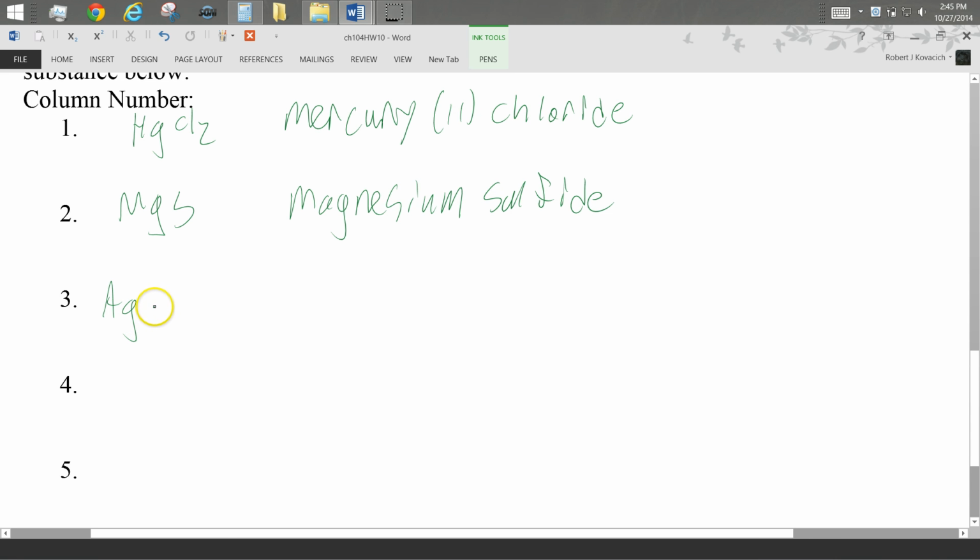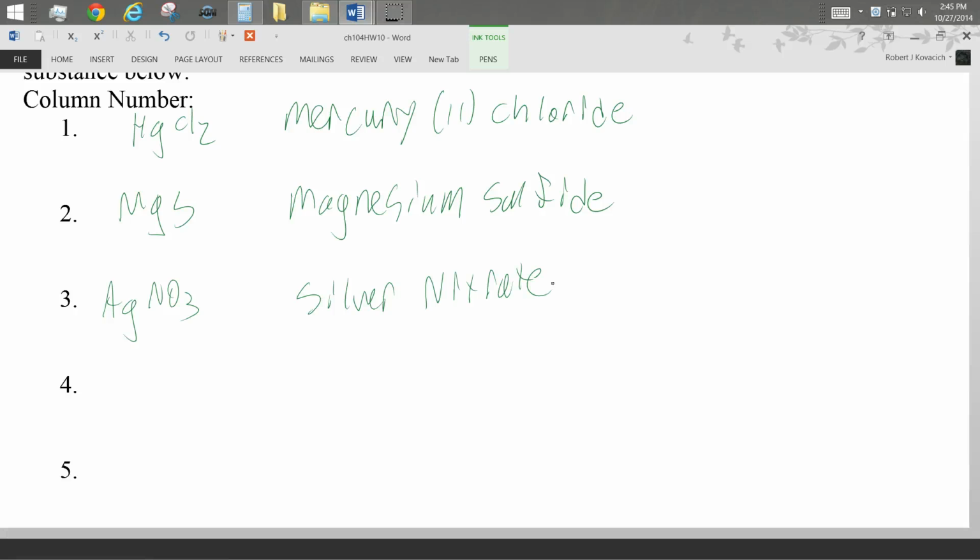Silver nitrate, is that right? So why is the name for this one silver nitrate, not silver 1 nitrate? It's a transition metal, so why shouldn't I say 1?